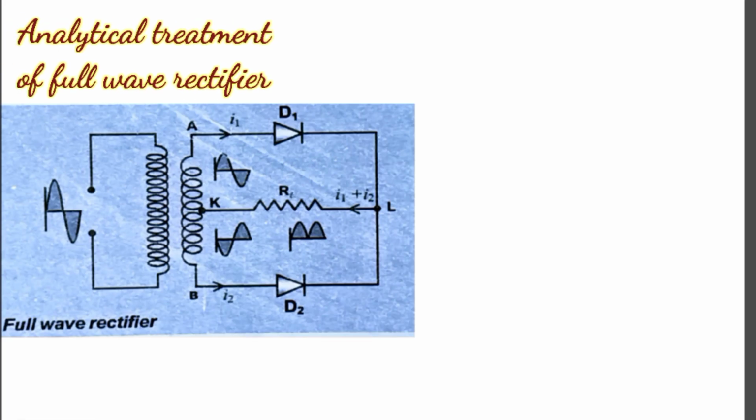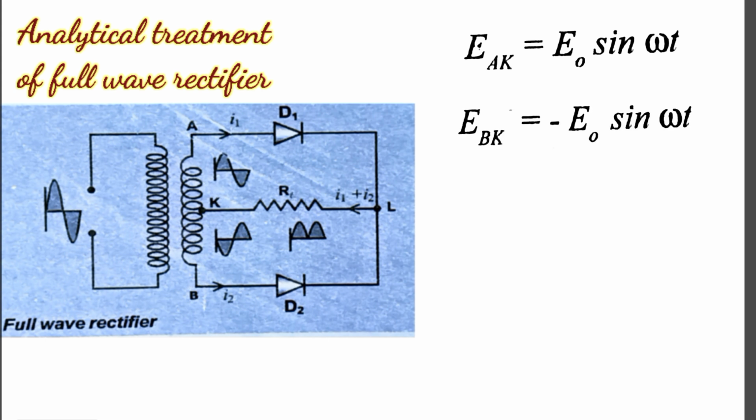Now let us discuss the analytical treatment of the full wave rectifier. Let the instantaneous value of the AC voltage applied across the terminal AK be EAK equals E naught sin omega t, and that across the terminal BK be EBK equals minus E naught sin omega t, where omega is the angular frequency of the AC voltage.